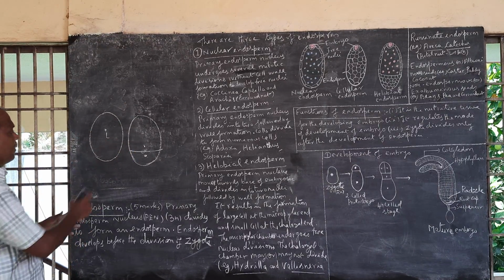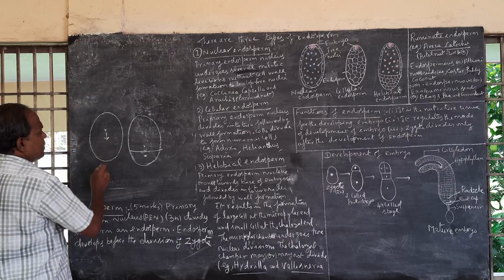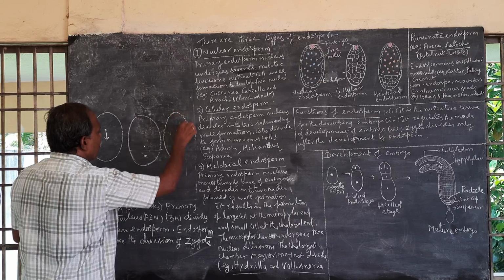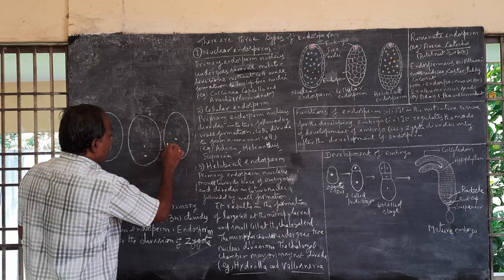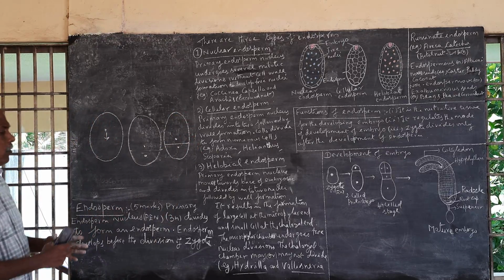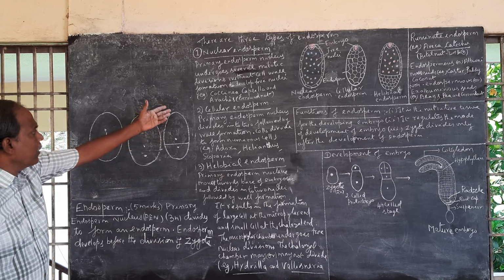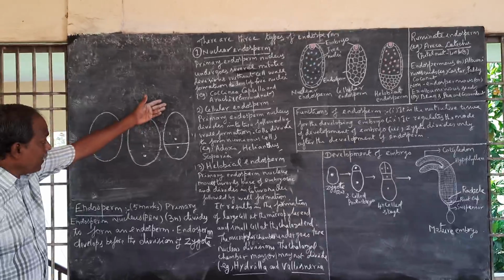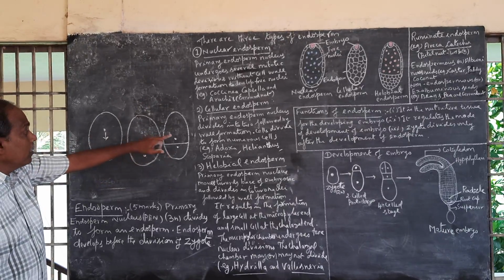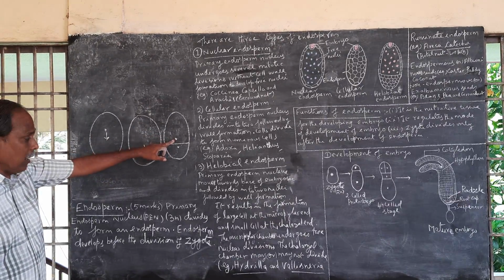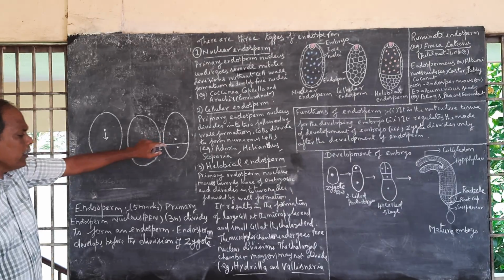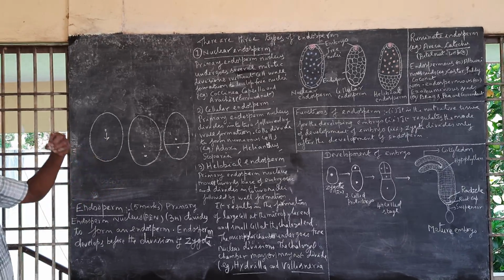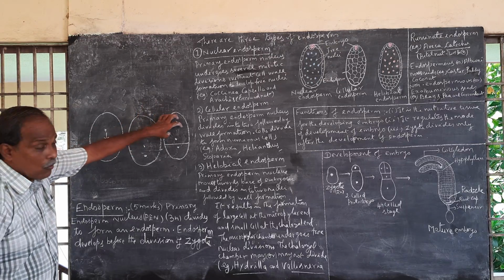This results in the formation of a large cell at the micropylar end and a small cell at the chalazal end. Micropylar end, chalazal end. Now the large micropylar chamber's nucleus divides into many to form many nuclei.